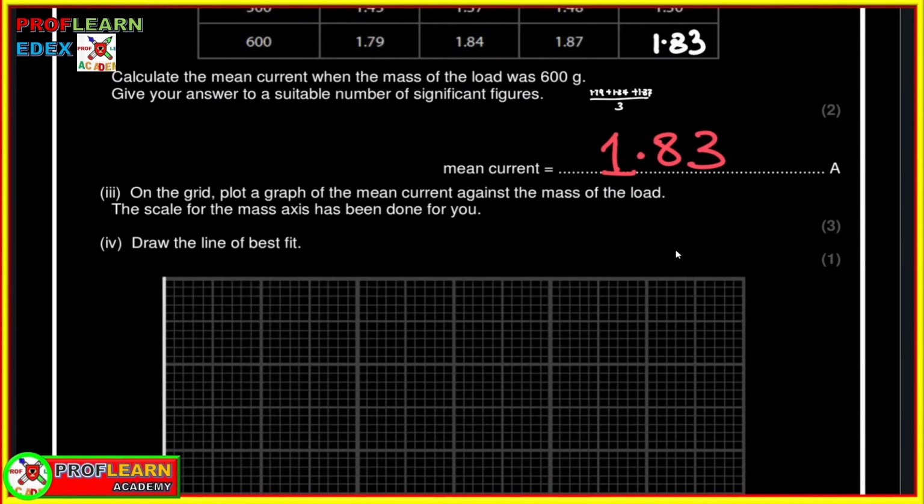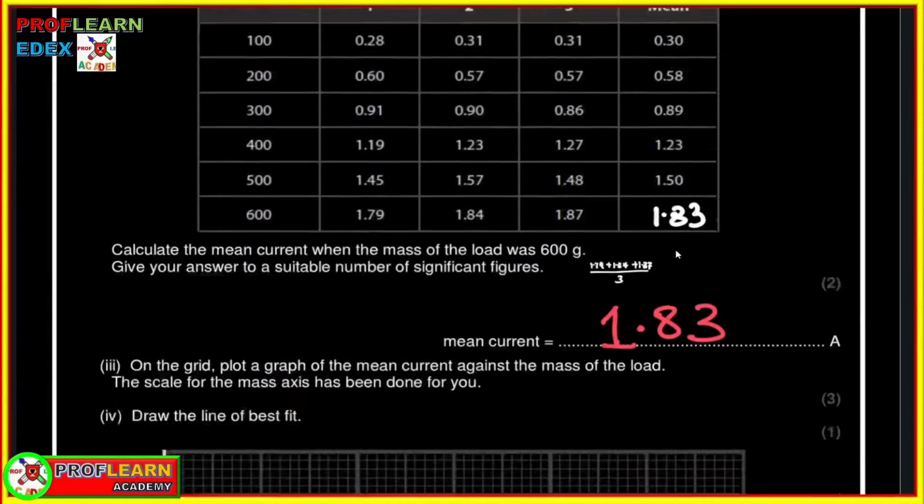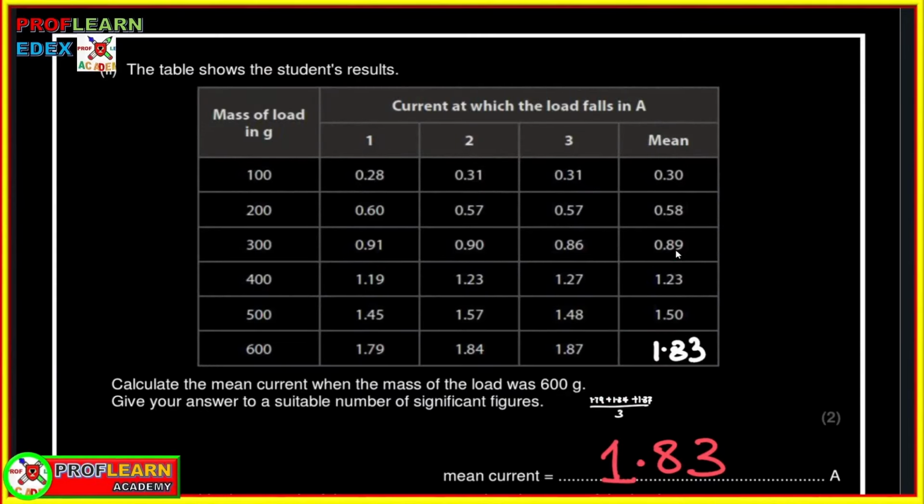We're supposed to plot a graph of mean current against mass of the load. So in the exam you're going to have a graph to draw, which means that you really need to understand the scale, what should be on the y-axis and what should be on the x-axis. Part of it was drawn for us in this case.